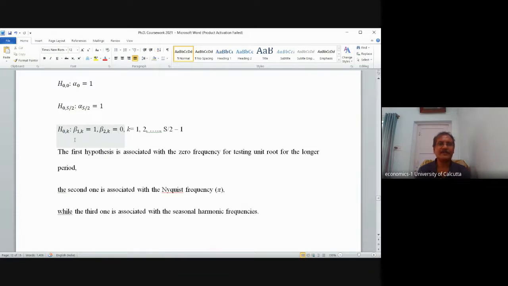What would be the value for K? K is equal to 1, 2, 3 up to S by 2 minus 1. For quarterly series, S is equal to 4. So 4 by 2 means 2, 2 minus 1 means 1. So in the case of quarterly series, K is equal to 1.